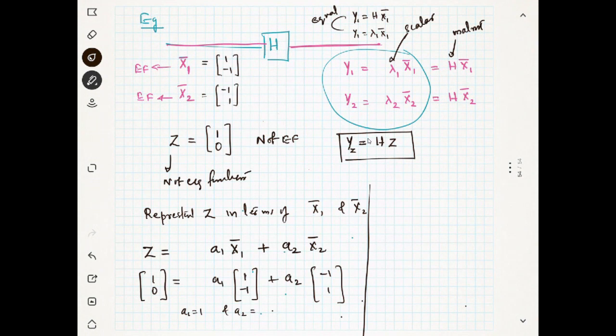What should a1 be and what should a2 be, if I want this 1 and 0 on the left side? I want 0 here. Is it possible? They should be numbers.